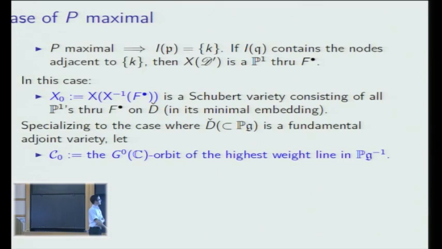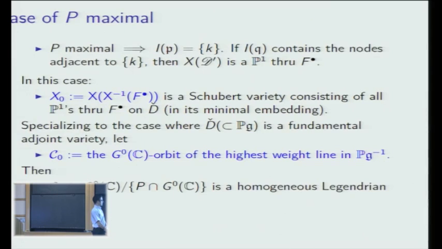And if I look at the case where D check is a fundamental adjoint variety, then beautiful stuff starts happening. So if I take C naught to be the G naught of C, where G naught is the isotropy group, the subgroup of G fixing phi, so if I look at the G naught of C orbit of the highest weight line in PG minus 1, then this is a homogeneous Legendrian variety.